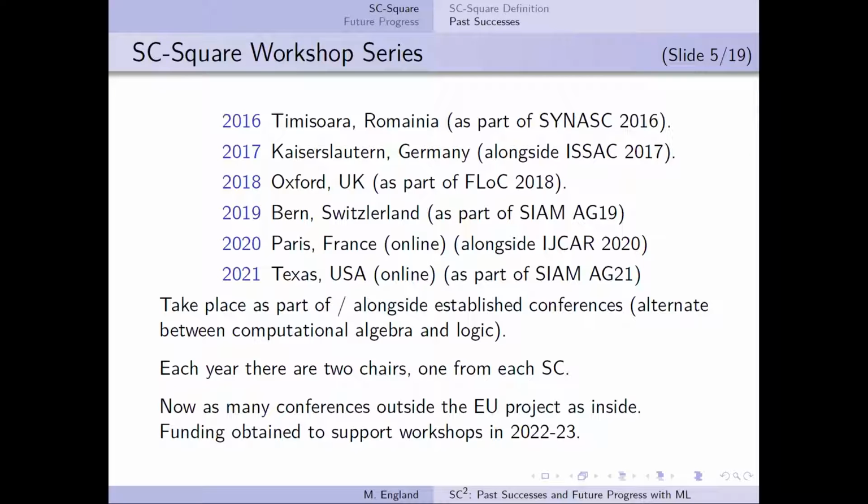So this year with CICM, we're on the algebra side of things. But next year we should be continuing alongside a logic conference. It's worth noting that only the first three of these were funded by the EU. So this has continued due to interest in the community. And I'm pleased to say there is some funding obtained to support it, at least for the next two years. So it should continue.